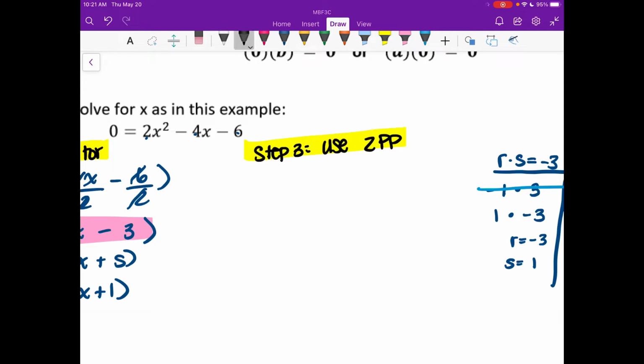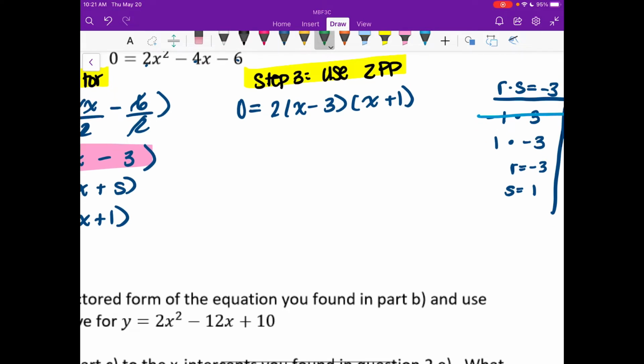So I'm going to say 0 equals, and I'm just copying it from the other side. I'm going to take my 2 brackets, and this one I'm going to make equal to 0. Just make the entire bracket equal to 0.